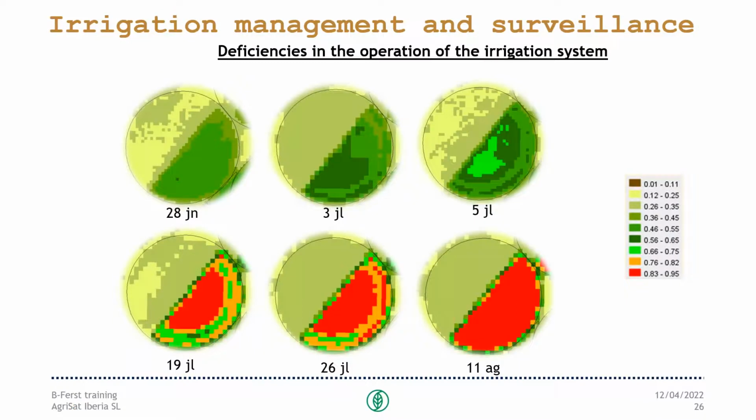For example, detecting deficiencies in the operation of an irrigation installation, as we can see in this example, where there was a problem in the final tower, the end tower of this pivot, and this problem remains and gives us a different yield than in the rest of the plot.